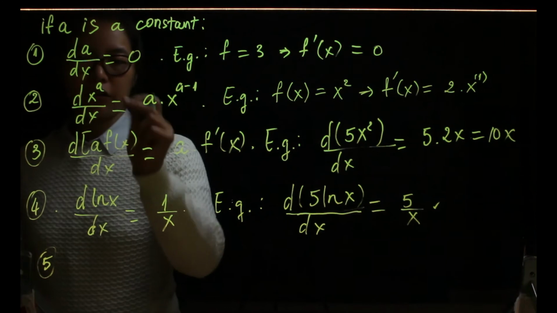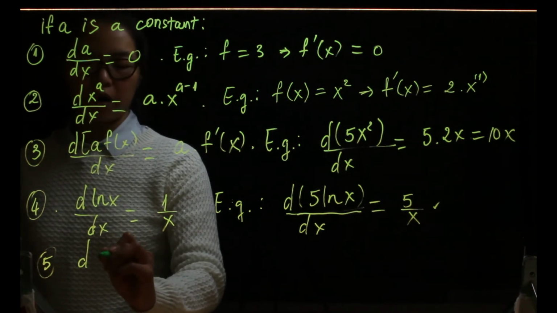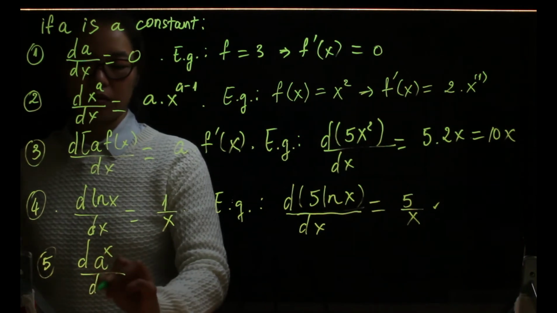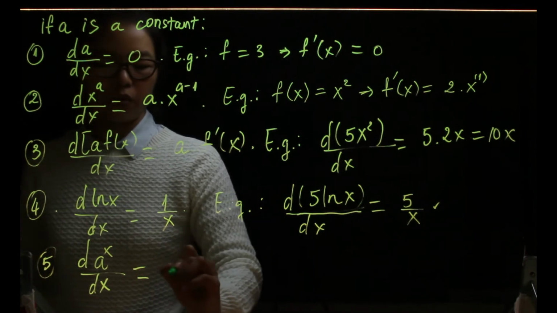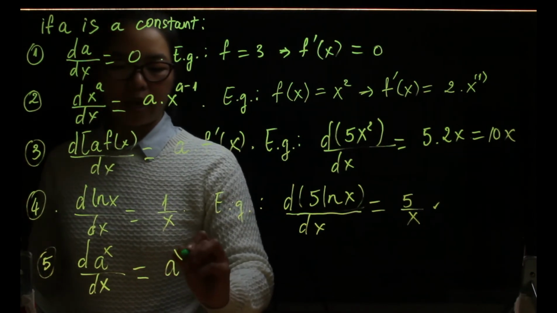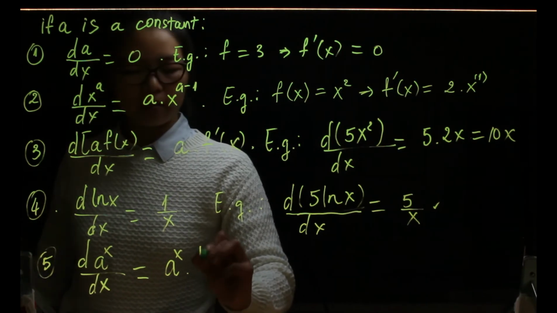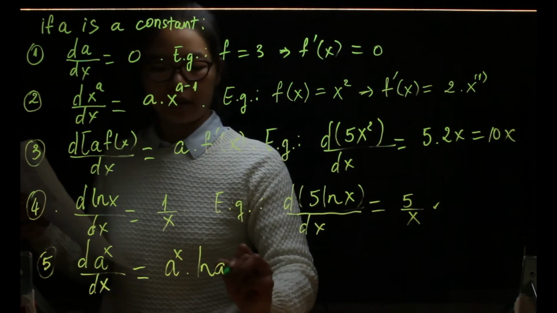The fifth rule, here we had x to the power of a, now comes a to the power of x. The derivative of that with respect to x would be a to the power of x itself, and then times the natural log of a.